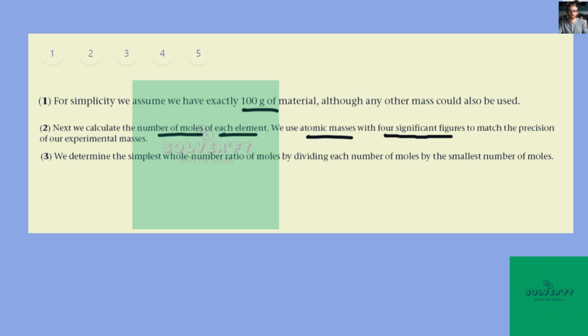And then finally, the simplest whole number ratio of those numbers of moles is calculated by simply dividing each number of moles by the smallest number of moles. So that means we will divide each number of moles by the smallest number of moles to find the simplest whole number ratio, and from this simplest ratio we can easily find out the empirical formula of the compound.